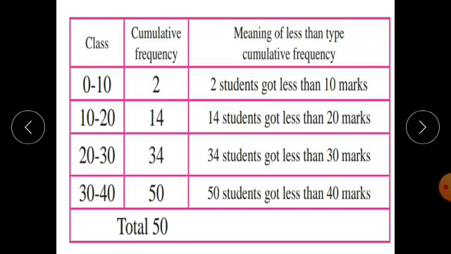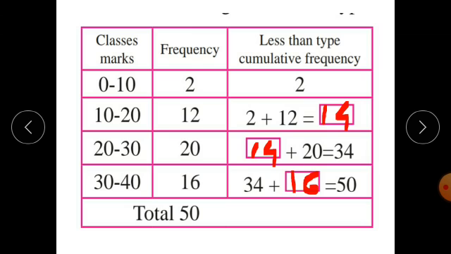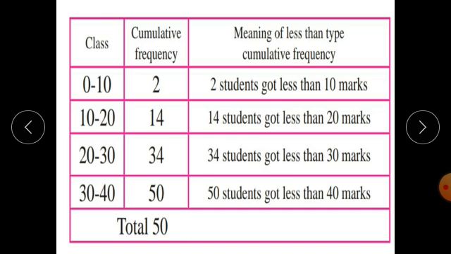The meaning is 34 students got less than 30 marks. Now for the class 30 to 40, cumulative frequency is 50. Meaning 50 students got less than 40 marks.